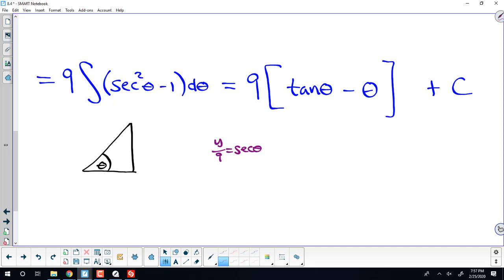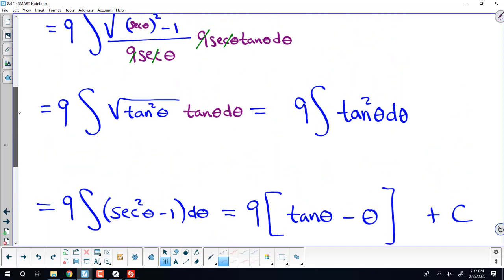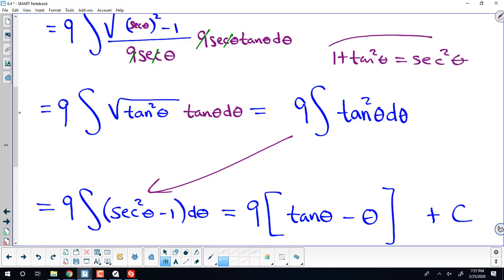Can you go one step here? Can you explain the step after the 9 times 2? So to go from here to here, yeah. We just rewrote tangent squared because 1 plus tangent squared is secant squared with the Pythagorean identity.